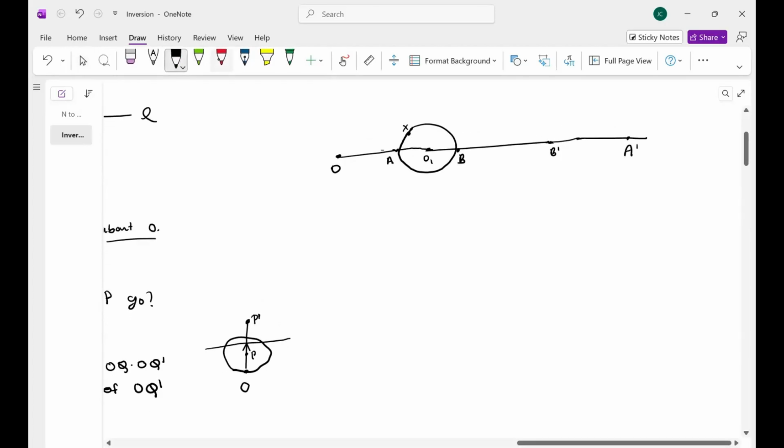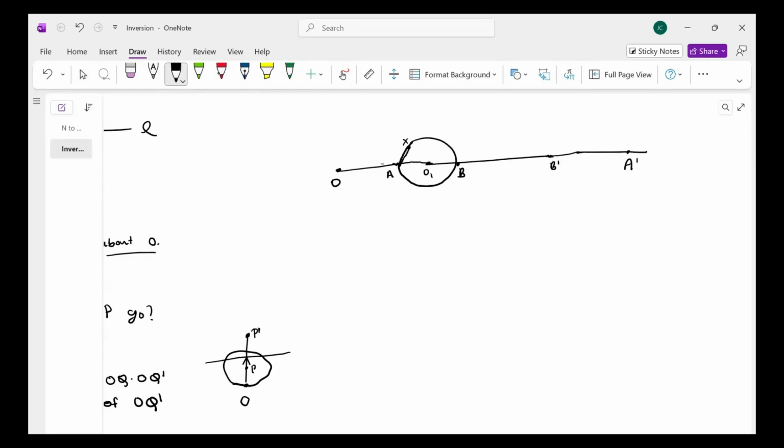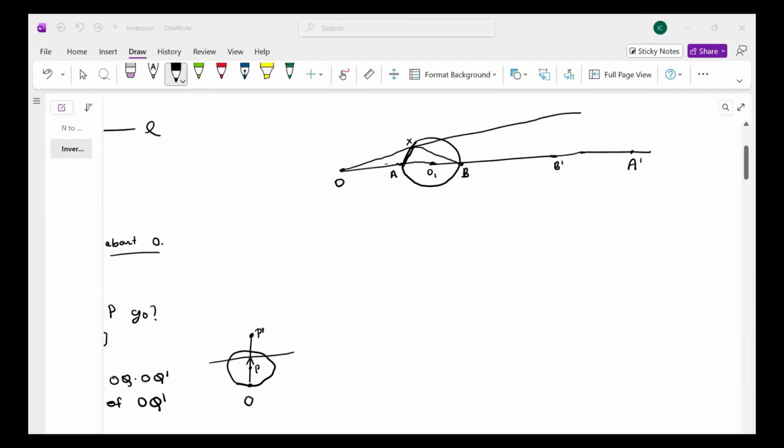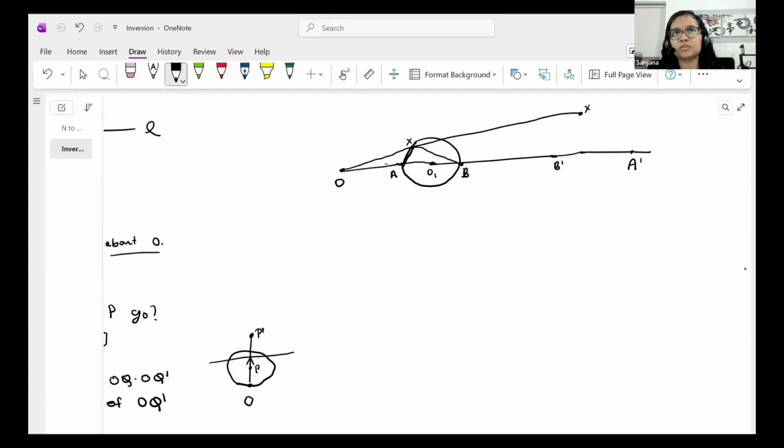So from that and the cyclic properties, we can conclude that it is another circle. Now we just draw X prime somewhere. And we now show that X prime, B prime, A prime is always a circle with diameter A prime B prime.